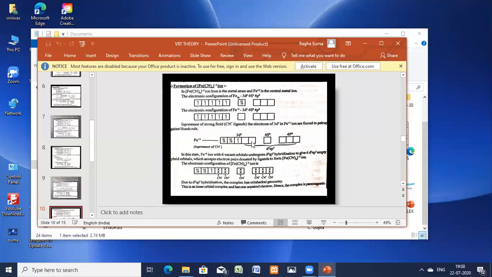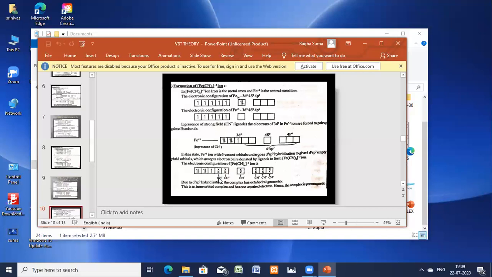The iron atom formed the ion, and in that ion the empty orbitals have undergone hybridization. All the empty orbitals are arranged in the 6 directions, 4 corners, up and down, and thereby the cyanides approach the empty d2sp3 hybrid orbitals.